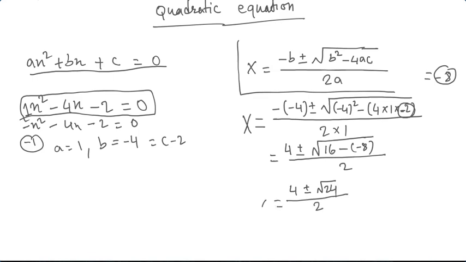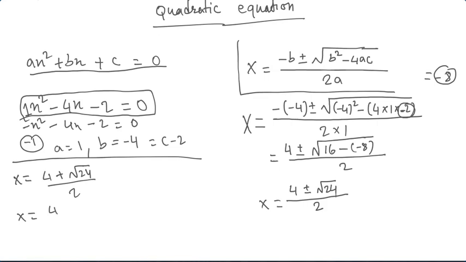So x is equal to 4 plus root 24 over 2, or x is equal to 4 minus root 24 over 2.